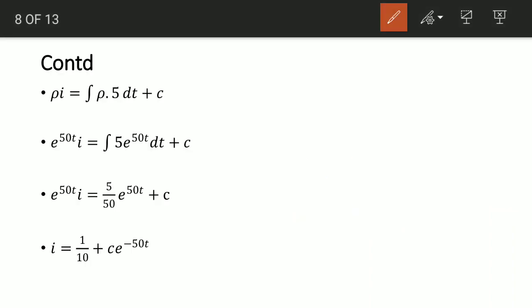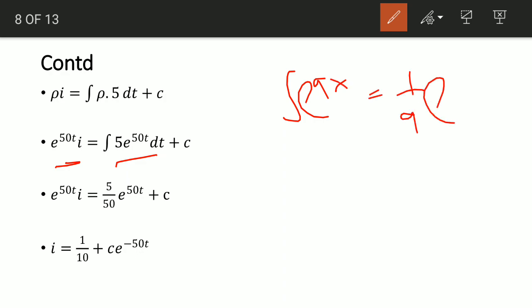That's exactly what we have. When you substitute your integrating factor, which is exponential 50t, then 5 times this gives us 5 exponential 50t dt. How do you integrate exponential 50t? Remember that the integral of exponential ax is 1 over a times exponential ax.